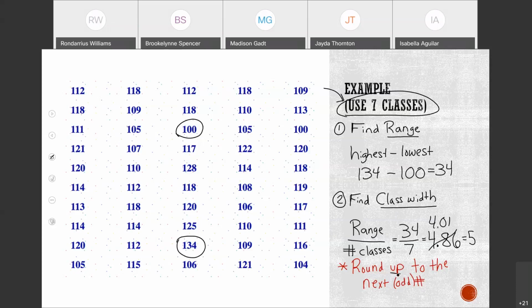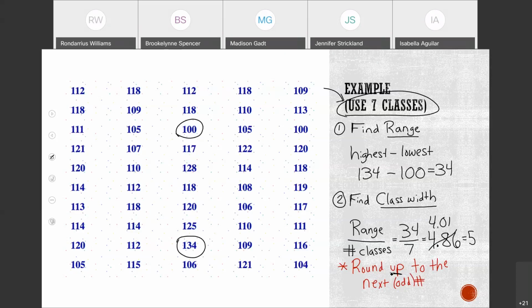We want to round it up every time. So this is one of those rules. Remember we said the other day, there are some places in statistics where we do things that we would not do in other math classes. This is one of those things. In another math class, yes, that would round to 4. In statistics, in this particular case, because we're rounding up, it's still going to round to 5. Always going to go up.